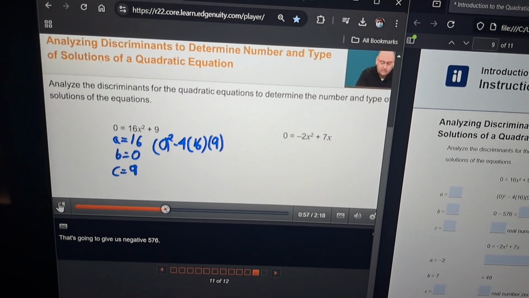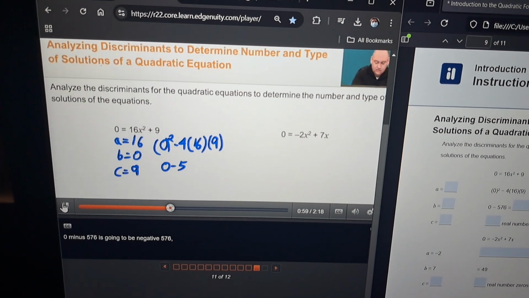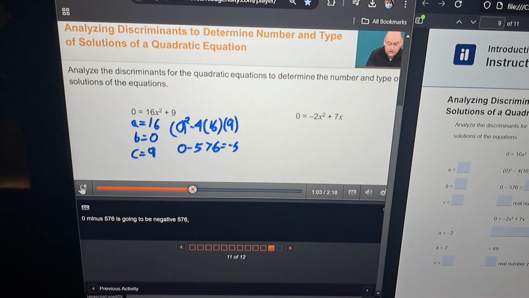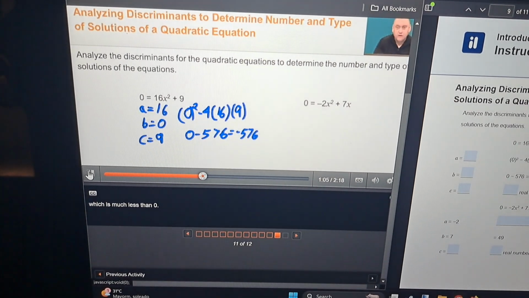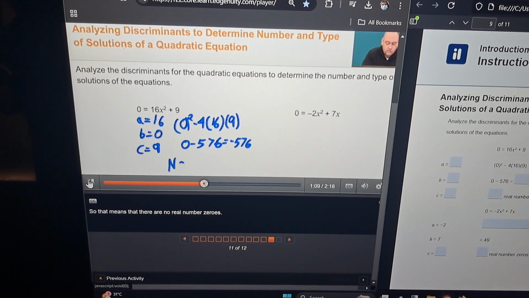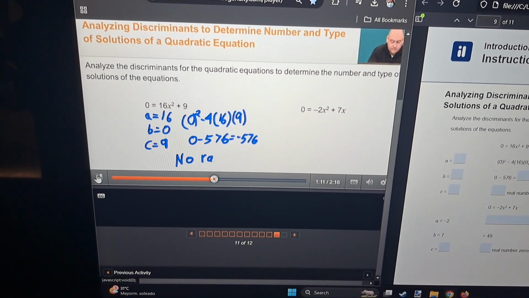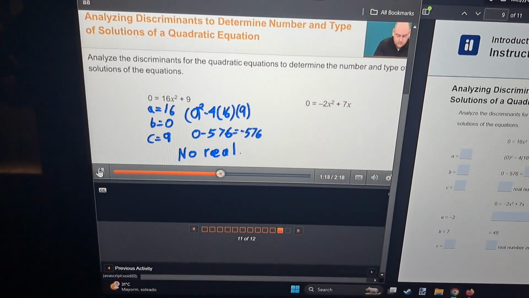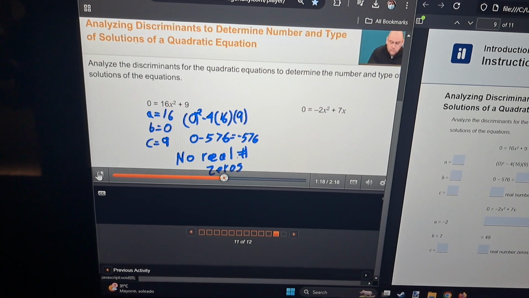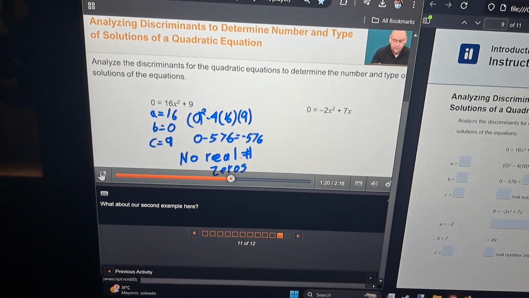That's going to give us negative 576. 0 minus 576 is going to be negative 576, which is much less than 0. So that means we're not going to have any real number zeros.